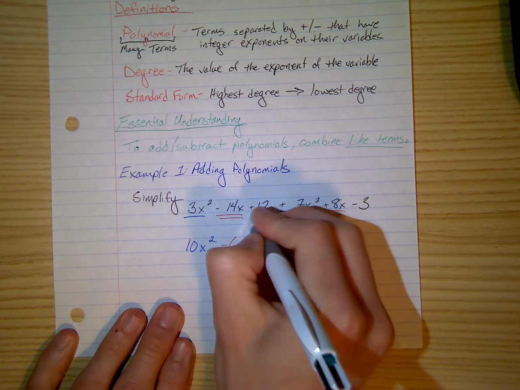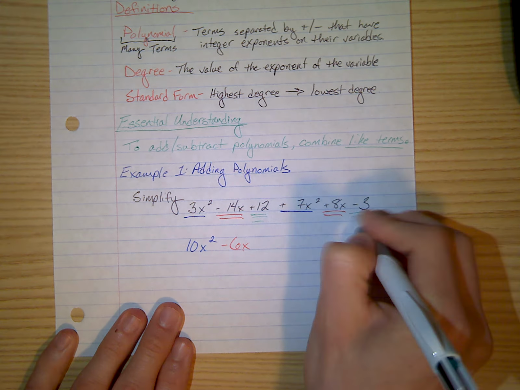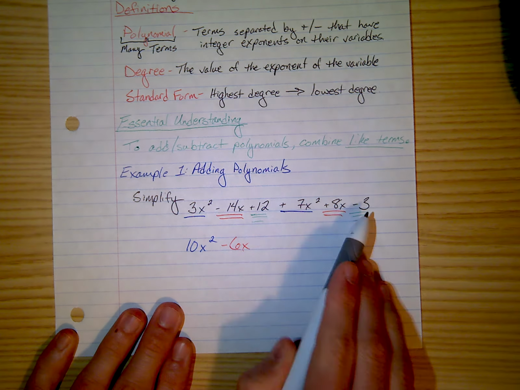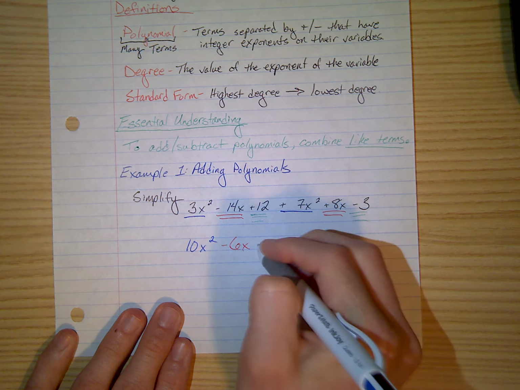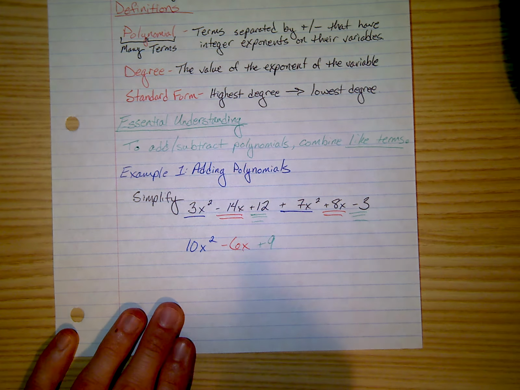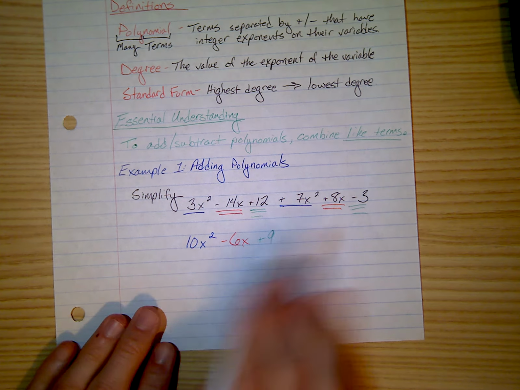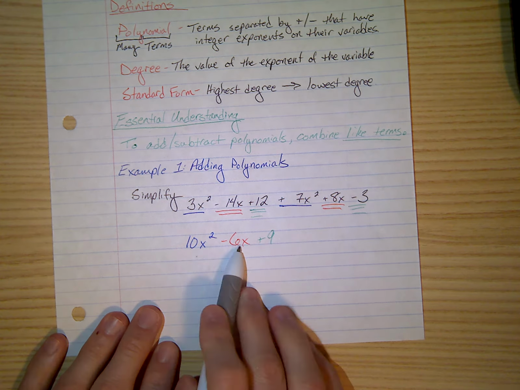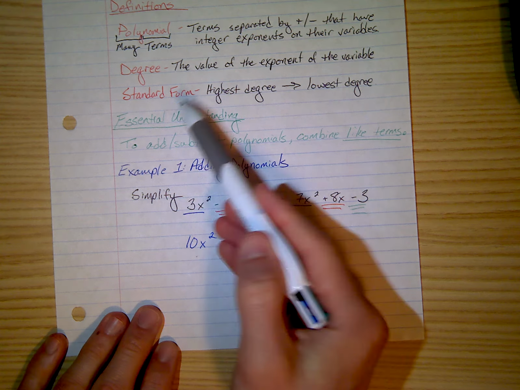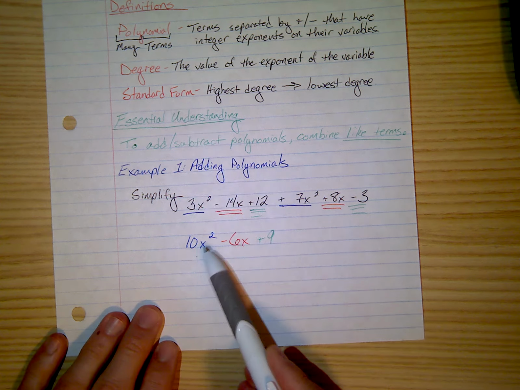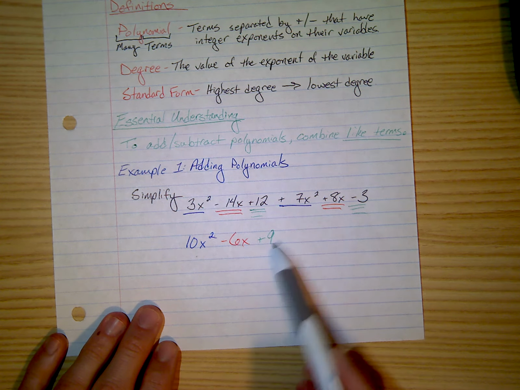And finally, our last one, we have a positive 12 and a negative 3, which when you combine those, you just get 9. So when we add our polynomials, you just combine your like terms. The answer here would be 10x squared minus 6x plus 9. That is in standard form because we go degree 2, degree 1, degree 0.